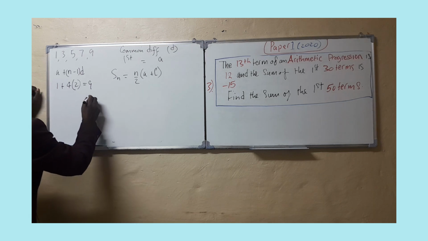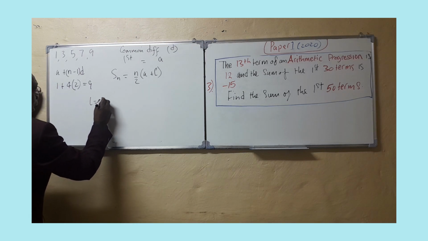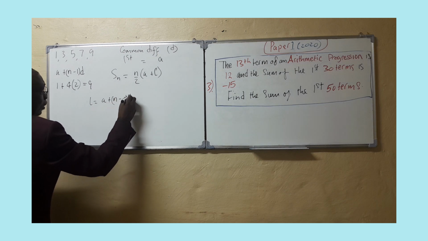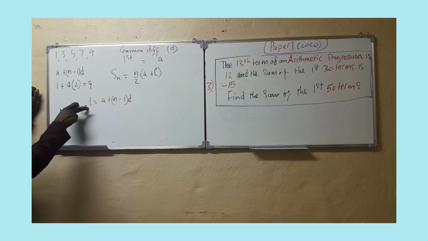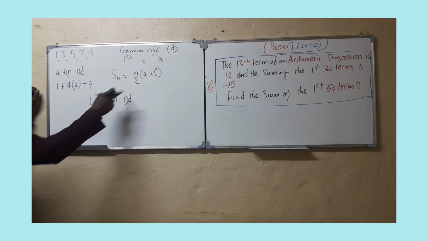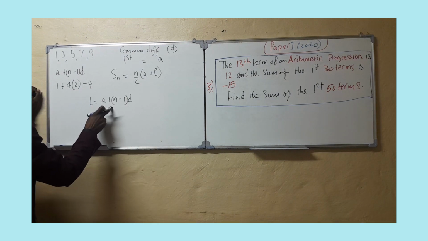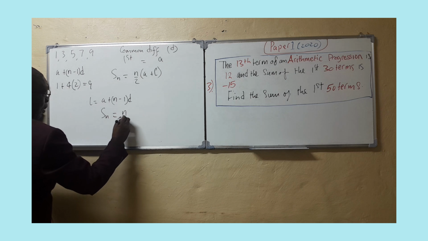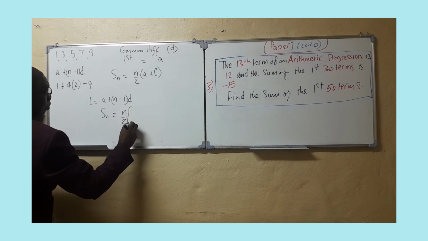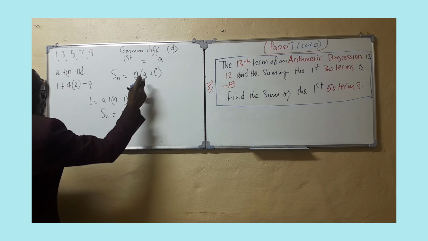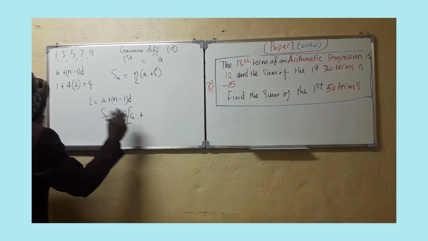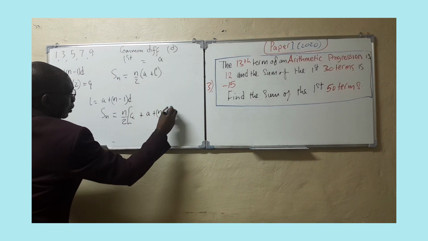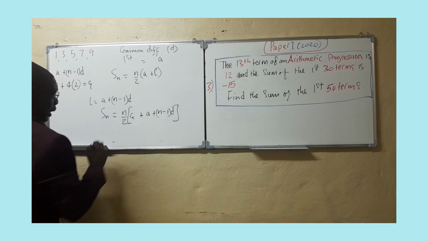So we know that L is equal to A plus n minus 1 D, if L is the nth term. So we can replace our L there with this formula, and we get Sn is equal to n divided by 2 multiplied by A plus A plus n minus 1 D, close bracket.